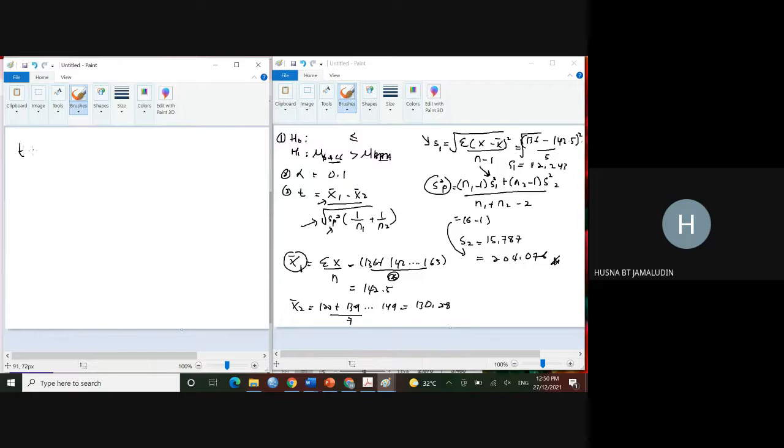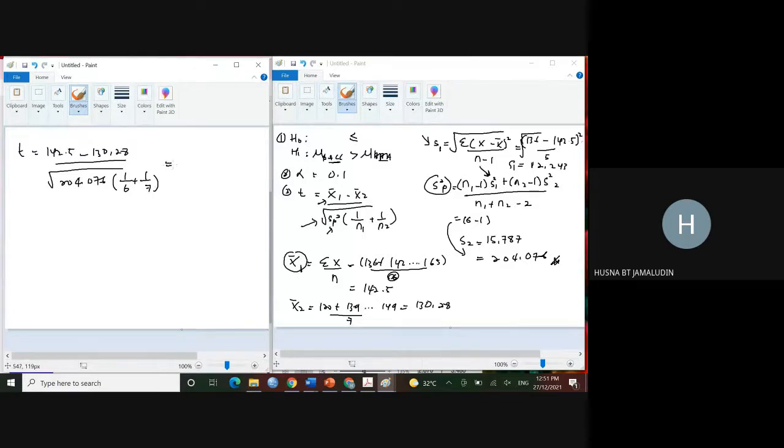So for the T, you have the X bar 1, which is 142.5, minus the X bar 2, which is 130.28, over the square root of the pooled variance, 204.067, multiplied by 1 over n1, so n1 is 6, plus 1 over n2, n2 is 7.